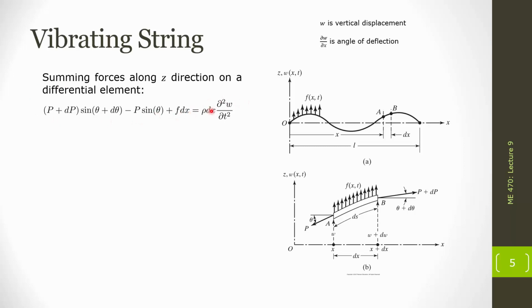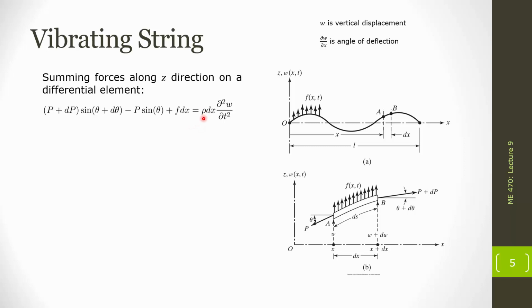And now we have our right side, which is going to be mass times acceleration, because that's Newton's law, F equals ma. So how do we get the mass times the acceleration term? Well, what we're going to see here is this rho dx is the mass of this differential piece of string. Rho is the density of the string, and most importantly, it's going to be linear density as we are deriving this problem. So rho is going to be in something like grams per meter, some unit like that.